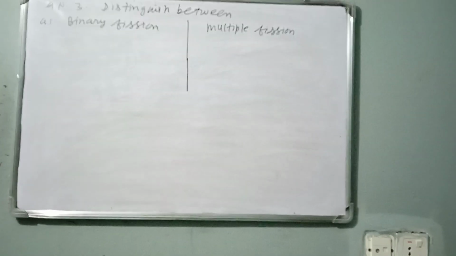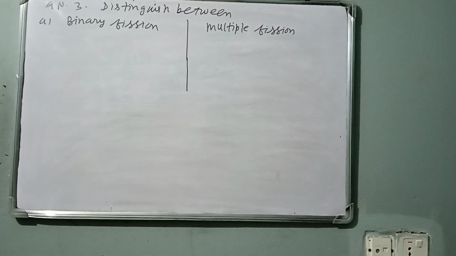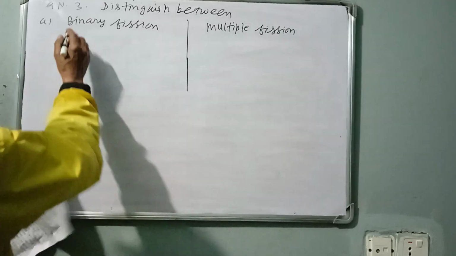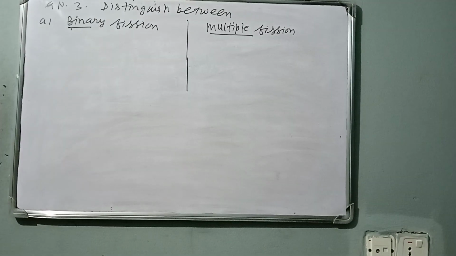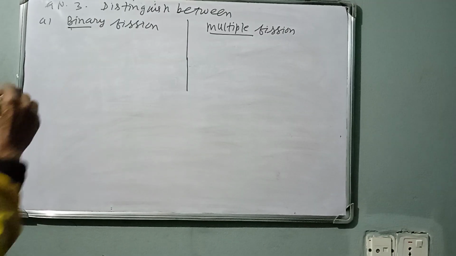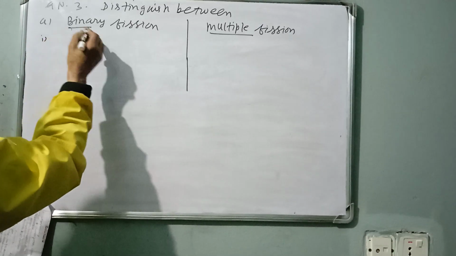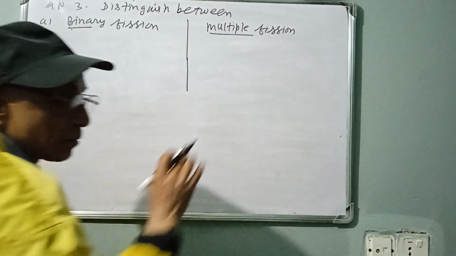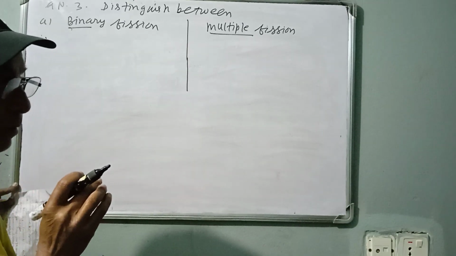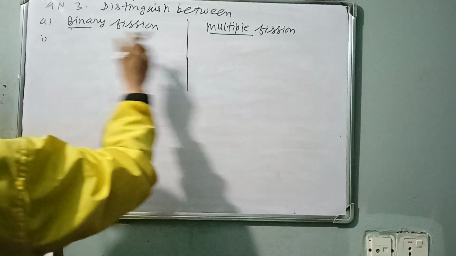What do you mean by binary fission? Just see the word binary. What do you mean by binary? Binary means two. Multiple means more than two, many. Then binary fission is a type of asexual reproduction. But you are not compelled to write down the definition.